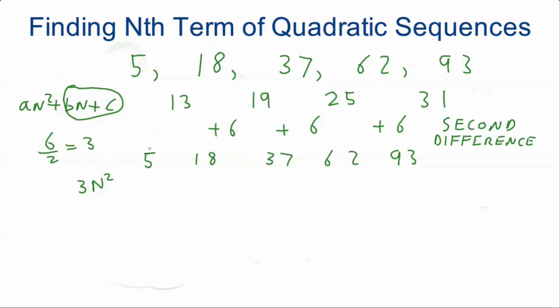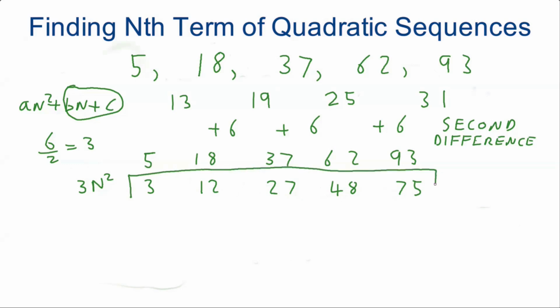So we put in 1 to start with. 1 squared is 1, times 3 is 3. 2 squared is 4, 4 3s are 12. 3 squared is 9, times 3 is 27. 4 squared is 16, 16 times 3 is 48. And then 5 squared is 25, times 3 is 75. This represents our 3n squared part.